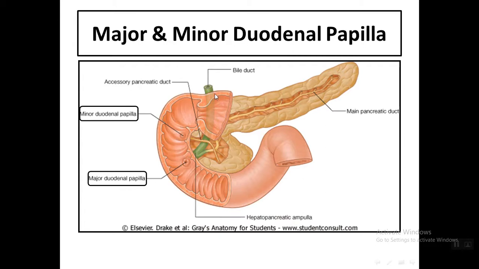Then the common bile duct will open in the second part of the duodenum. The bile duct and the pancreatic duct may unite to form what we call the hepatopancreatic ampulla. This ampulla will cause an elevation in the mucous membrane of the duodenum called the major duodenal papilla.